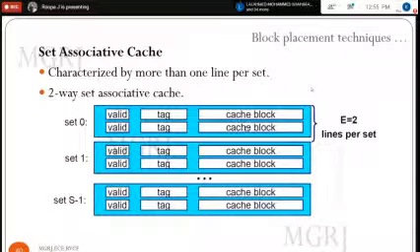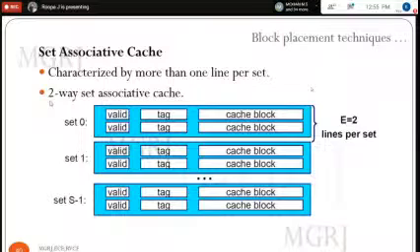This is called two-way set associative mapping. Because every set has two lines, E is equal to 2.